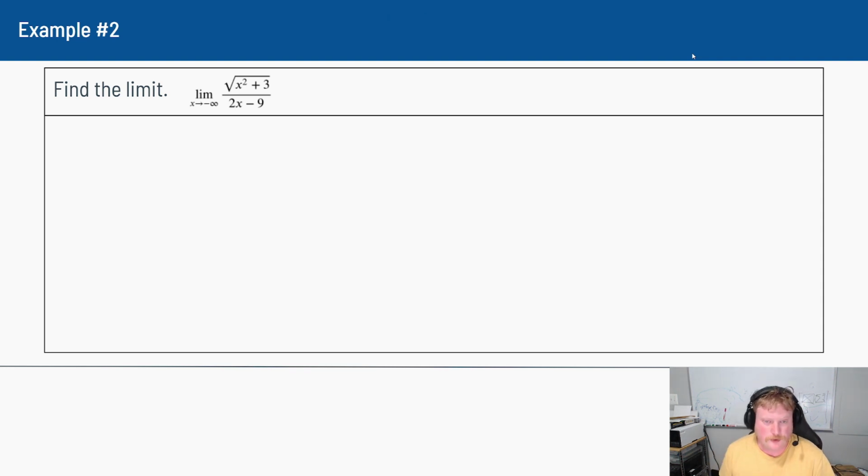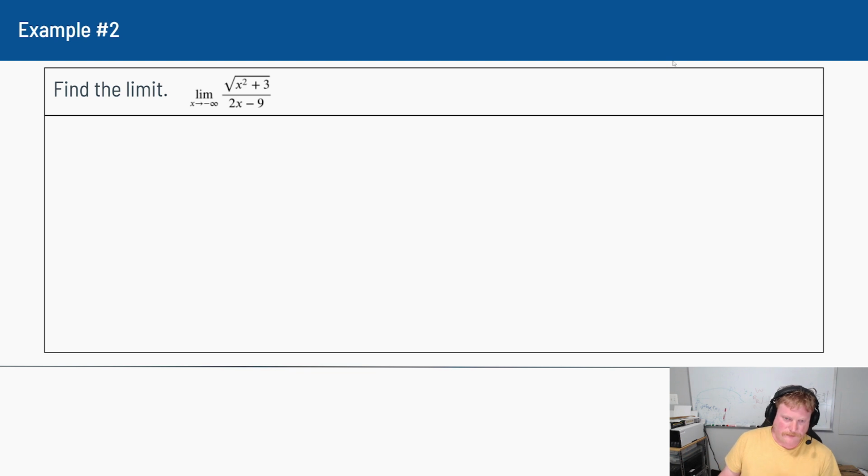Example number 2, we want to find the limit as x approaches negative infinity of the square root of x squared plus 3, over 2x minus 9. Now, I love this problem because it involves your understanding of horizontal asymptotes and a little bit of fudging the numbers, which happens quite often in this class.